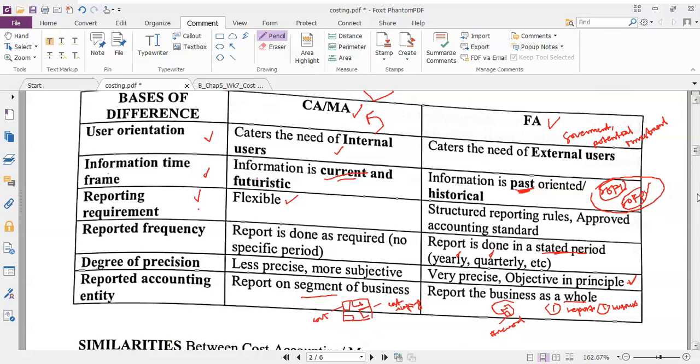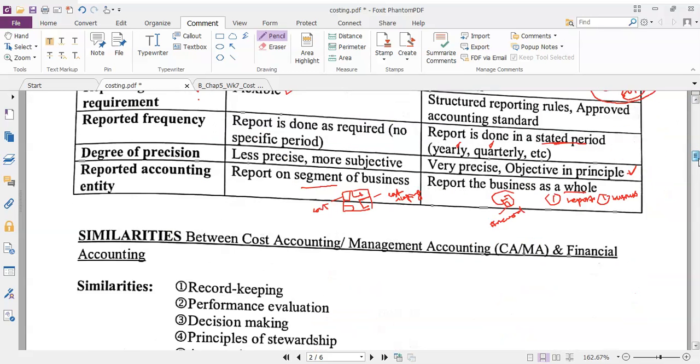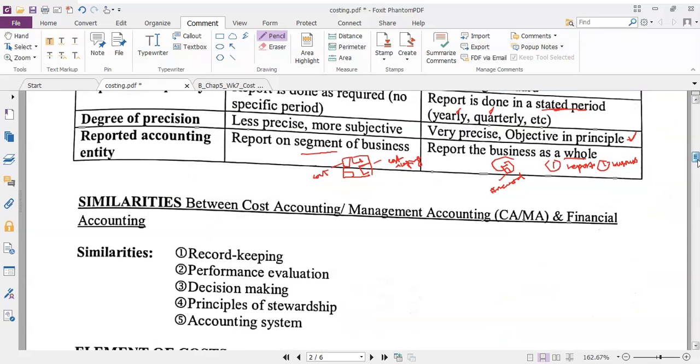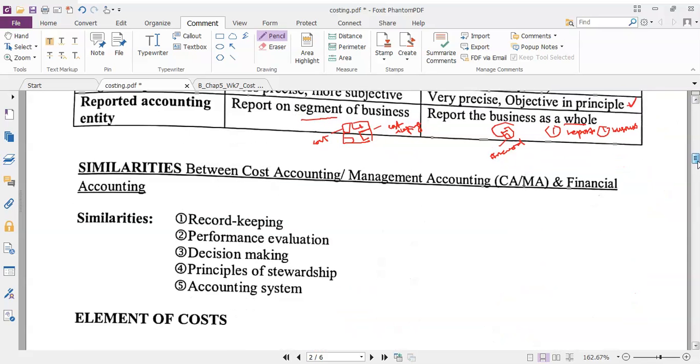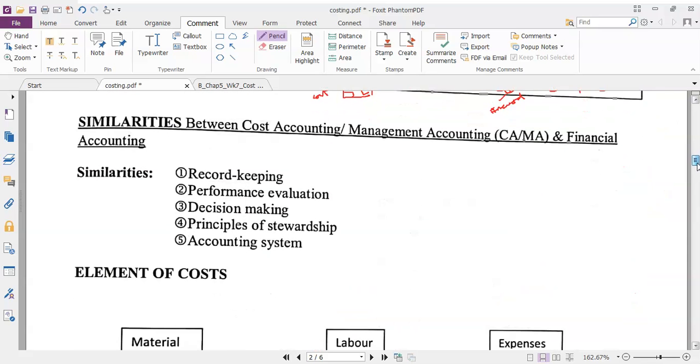Alright. Okay. So dia ada apa lagi tengok the notes below. There is also the similarity. Similarity means that in terms of record keeping, for cost accounting and also financial accounting, there is always record keeping. Maksudnya dua-dua tu mesti kena record lah.